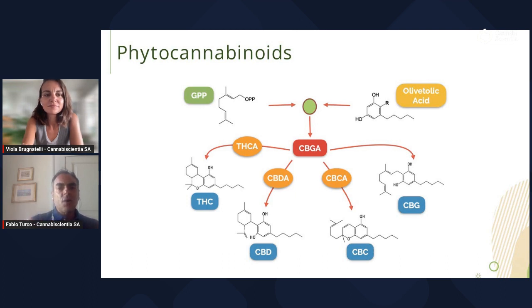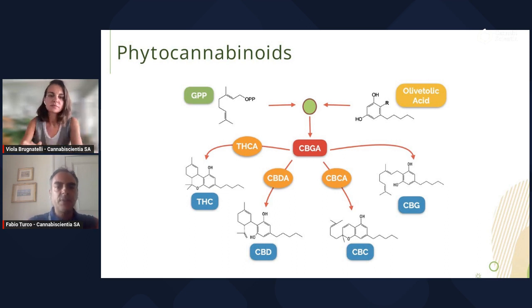The biosynthesis of phytocannabinoids in the cannabis plant is a complex process that involves many enzymes and chemical reactions. Briefly, it starts with the production of geranyl pyrophosphate and olivetolic acid. Then these two compounds are bound together by the action of an enzyme called CBGA synthase. This produces CBG acid, or CBGA, that is the precursor of all the major phytocannabinoids.